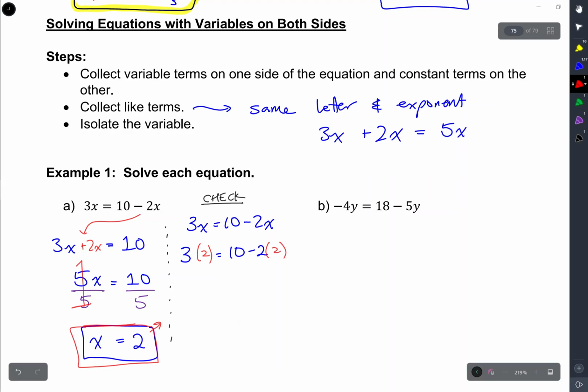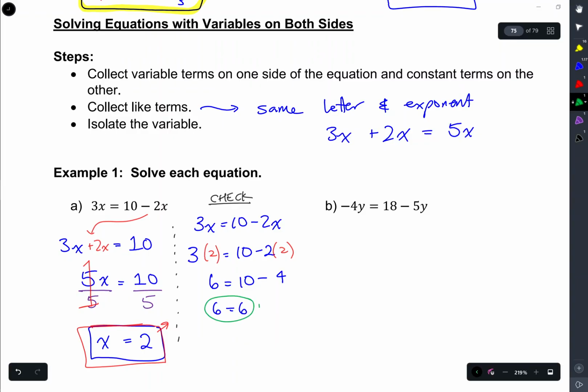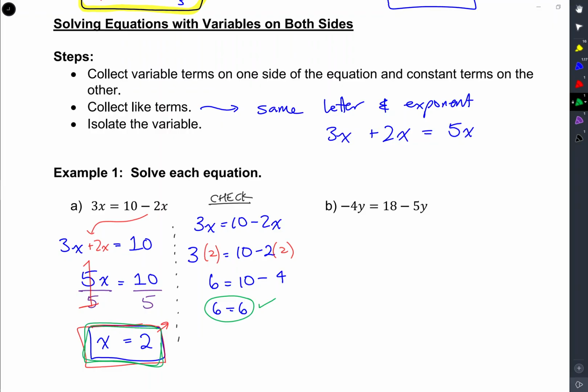X again is 2. So on the left, we have 3 times 2, or 6. And on the right, we have 10 subtract 2 times 2. 10 subtract 4. So we end up with 6 equals 6. Well, and that's good because 6 does equal 6. And because 6 equals 6, we have some support, or we have some confidence that that solution, x equals 2, is true.